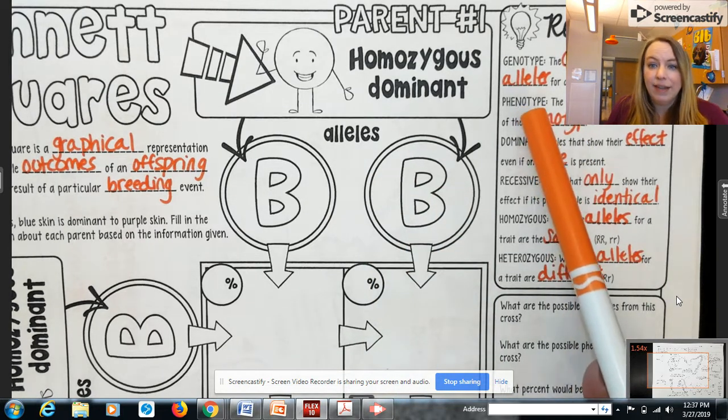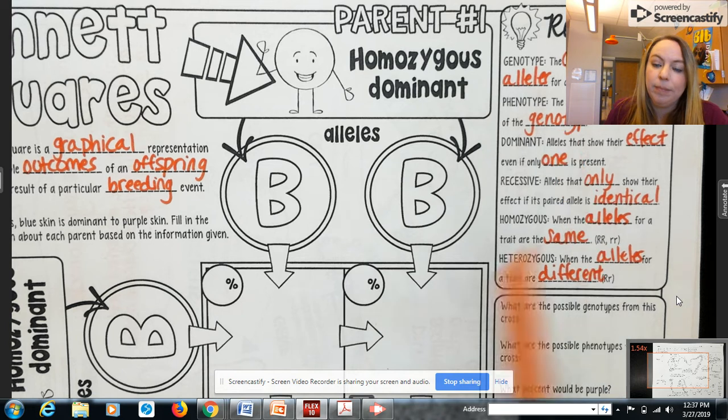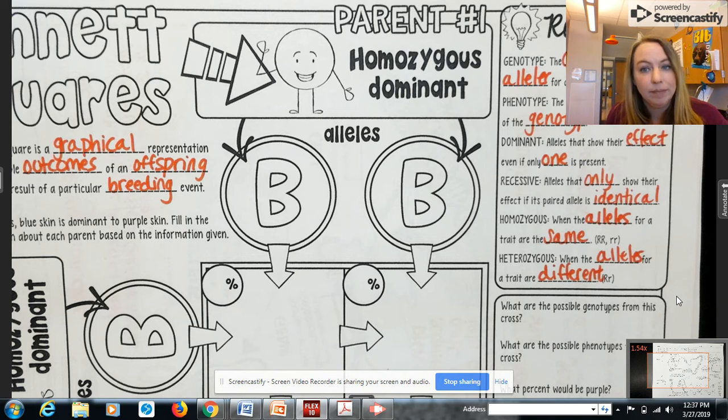So the next thing is, what is the phenotype? The phenotype of an organism is the physical appearance of the genotype. So the physical appearance would be something like the color, the shape, or the size of an organism.